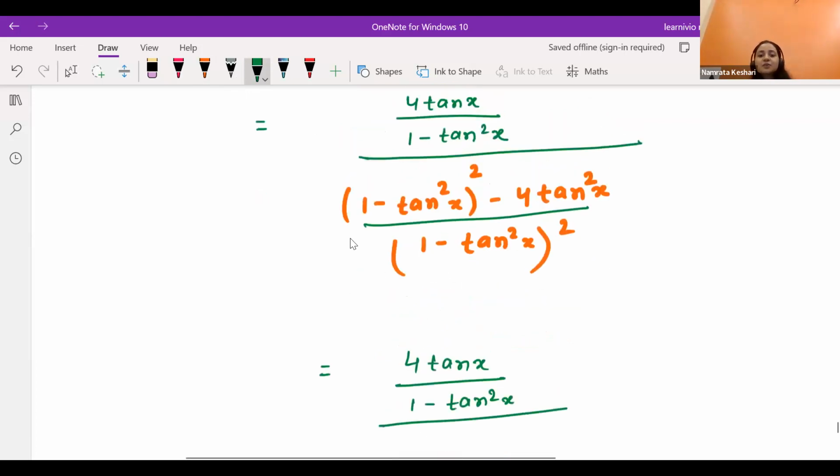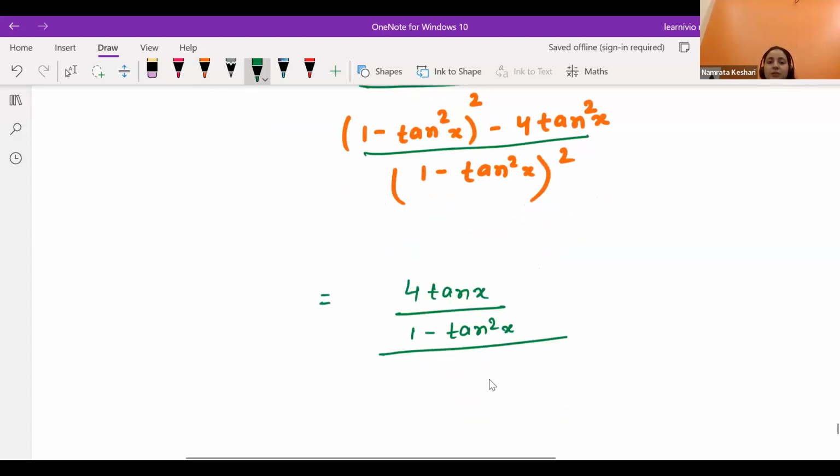Okay, so this is what we are having: 1 minus tan square x whole square minus 4 tan square x. Can we cancel it? Let's expand it now. a square minus 2ab plus b square, right? Yes, ma'am. Minus 4 tan square x.